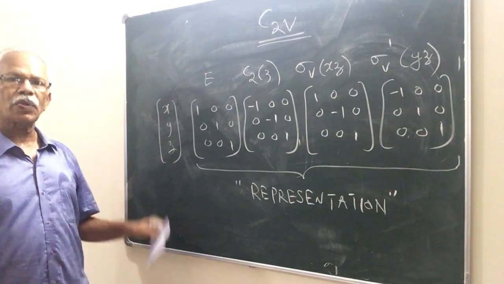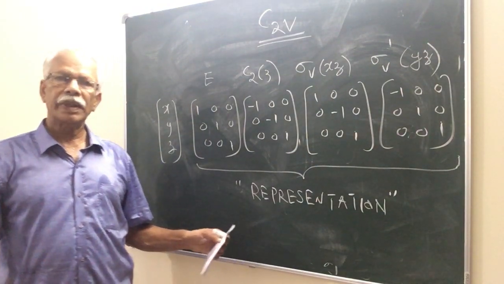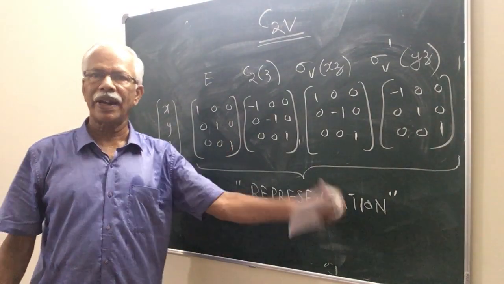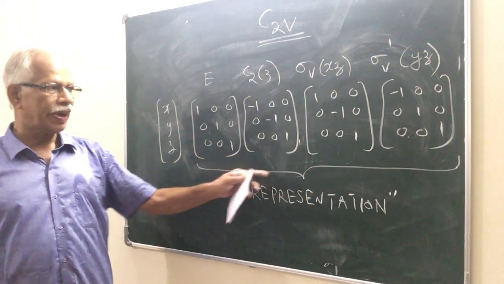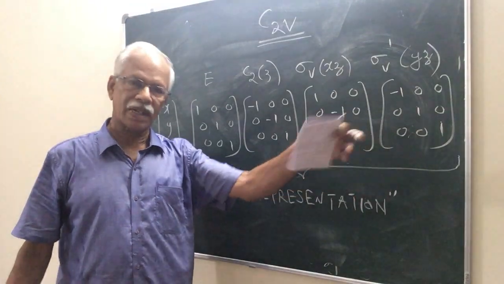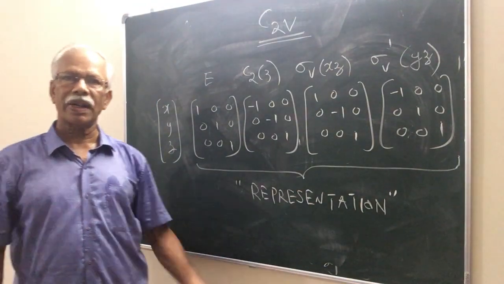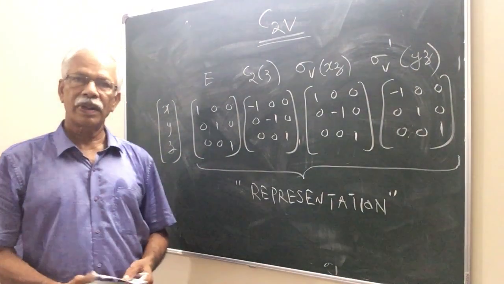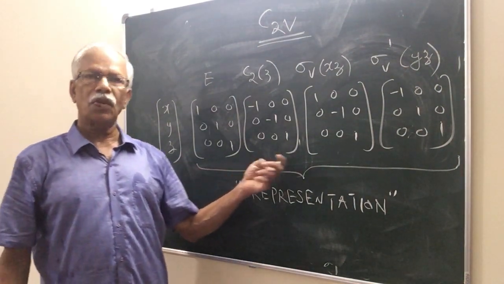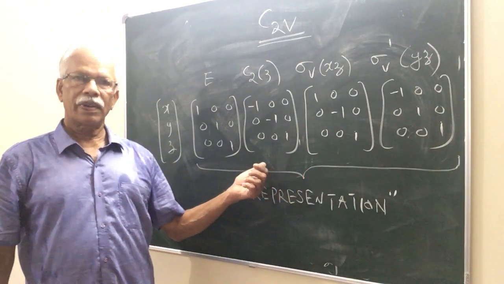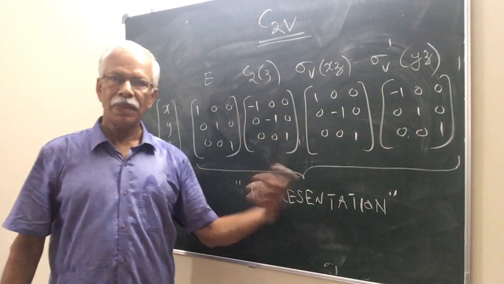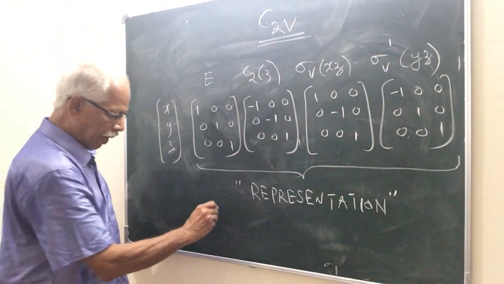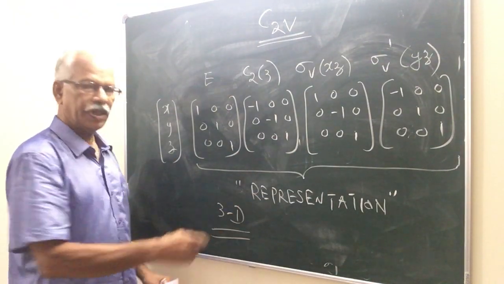The coordinates x, y, z are called the basis functions using which we have created this 3 by 3 matrix set. Each matrix is called a representative and a collection of matrices is called a representation. Being matrices of order 3, the order is the same as the dimension of the representation. This particular representation is a 3-dimensional representation.